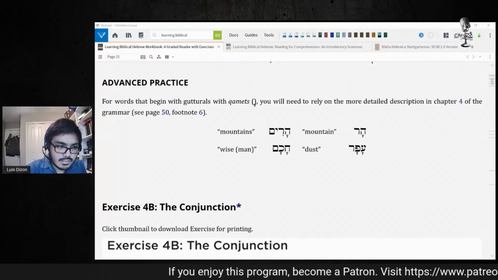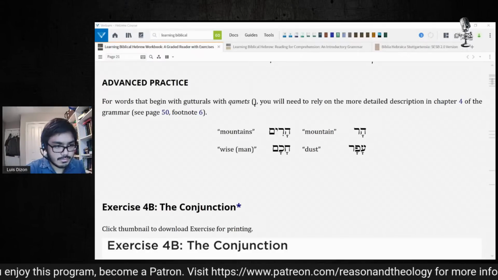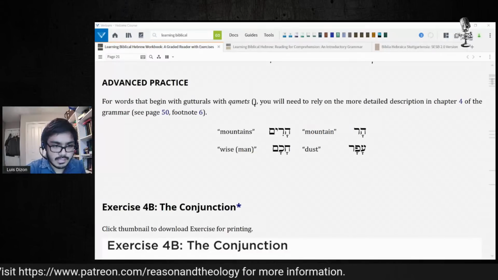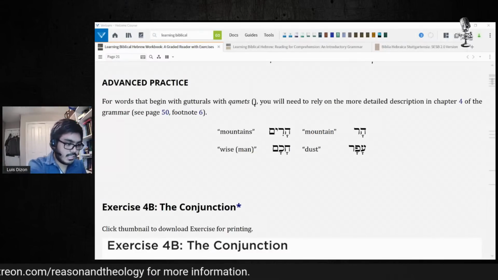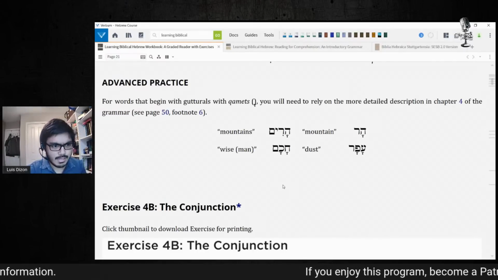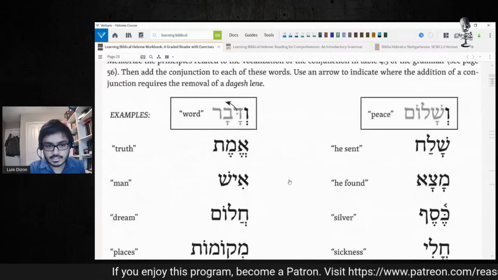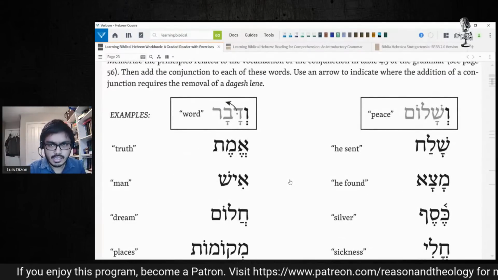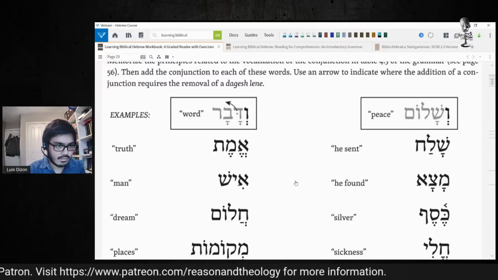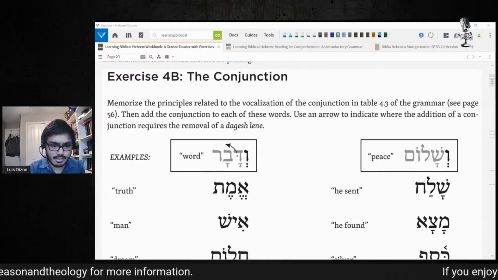But in the other cases, because this is not the accented syllable, the one before it has a segol. This, on the other hand, is a patach. Hopefully, it will come naturally to you over time. Don't worry too much about it. The key with Hebrew, at least in my experience, is that some of these rules are best learned inductively. You get exposed to multiple examples of them, and it comes naturally to you without you even thinking about them.